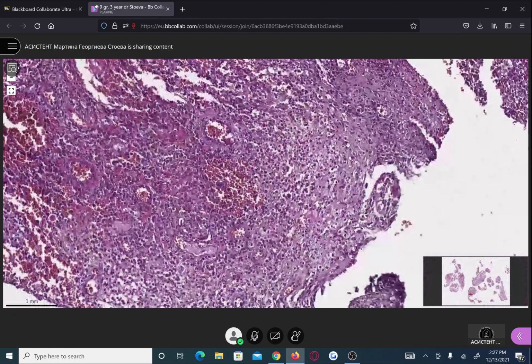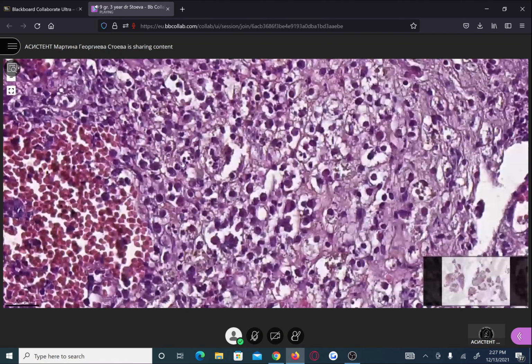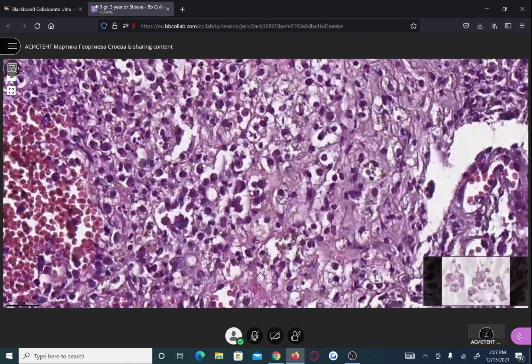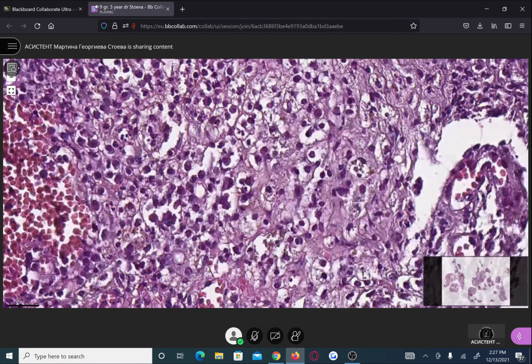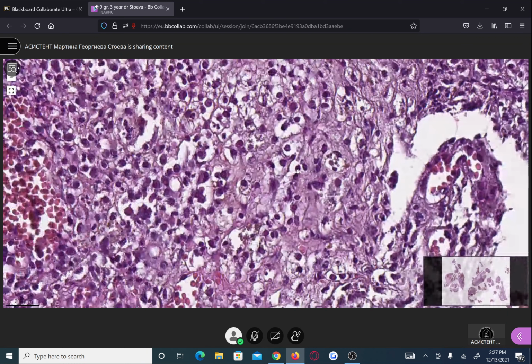Here again there is a polymorphonuclear cell. Some plasma cells, these 2, even 3. We can see the nucleus and cytoplasm on the other side. Lymphocytes, just like dots, here as well.